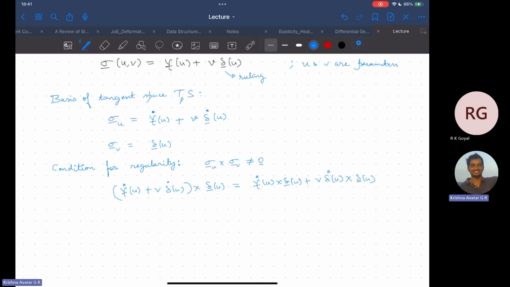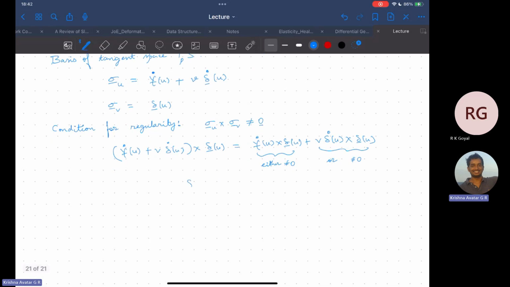Now, based on this, we'll try to construct. Either this should not be equal to 0, or this should not be, at the very least. So these are the conditions.